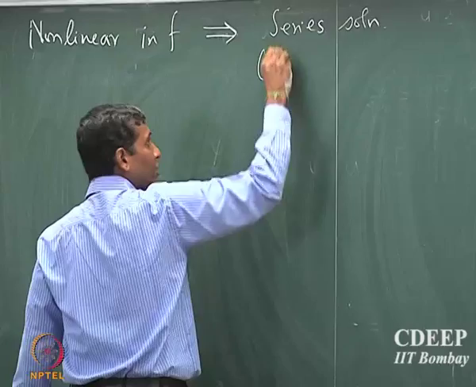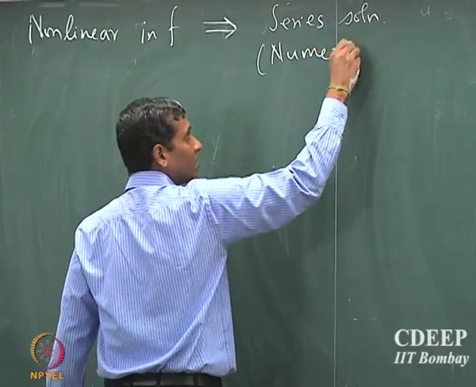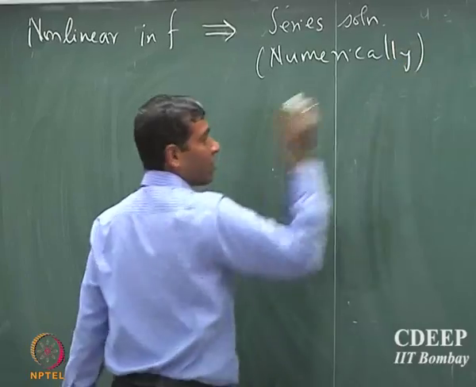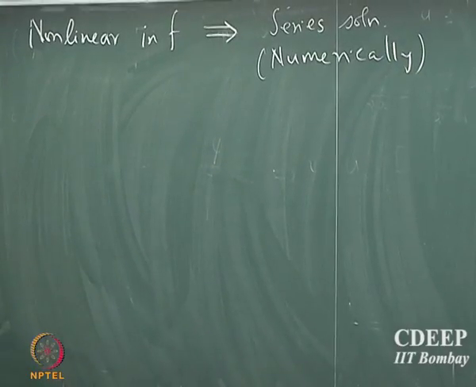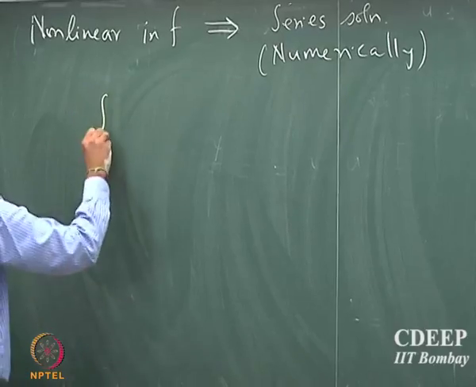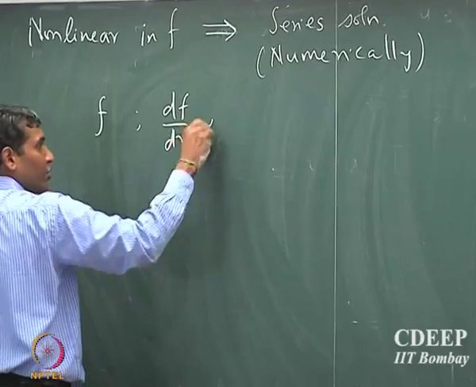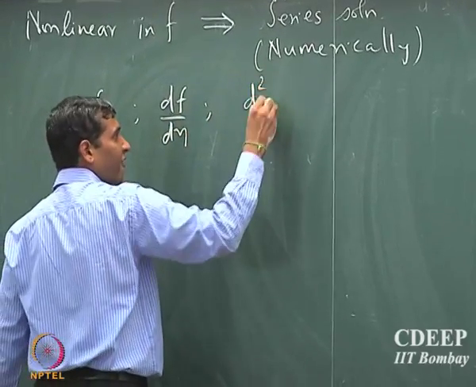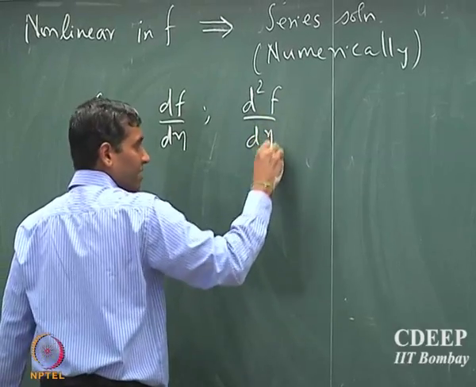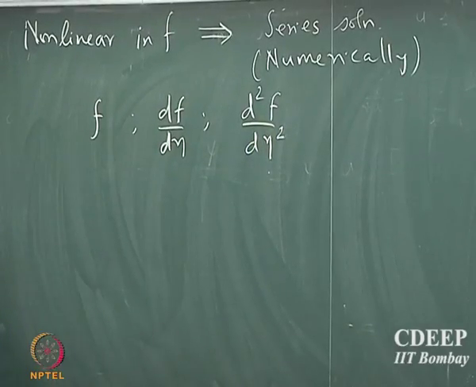One could of course solve it numerically, and it has been solved, so we have tables which give you f, df by d eta and d square f by d eta square.